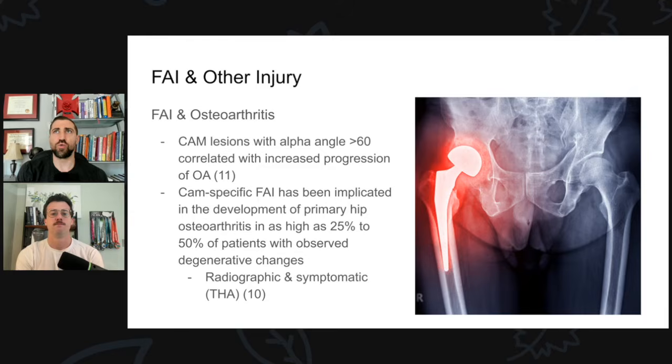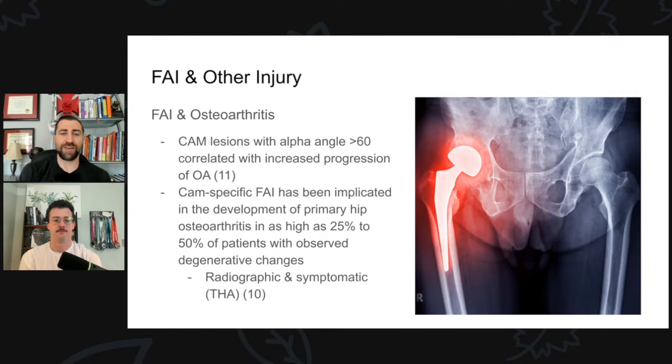A lot of folks will diagnose cam morphology at an alpha angle of 60 degrees or greater, although in some studies it's actually a little bit lower than that, somewhere between 50 and 60. But once you get into 65 or 70, that's largely considered a large cam morphology. And it seems like the larger cam morphology is going to be correlated with hip osteoarthritis and symptomatic hip osteoarthritis as well, like we talked about.